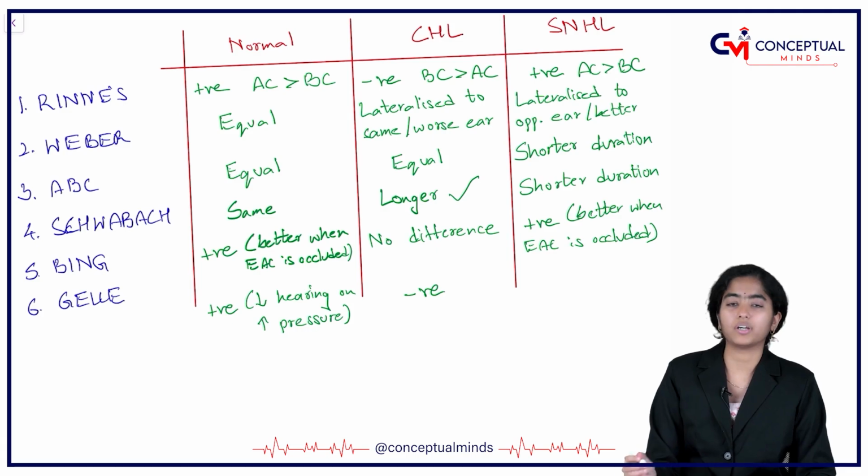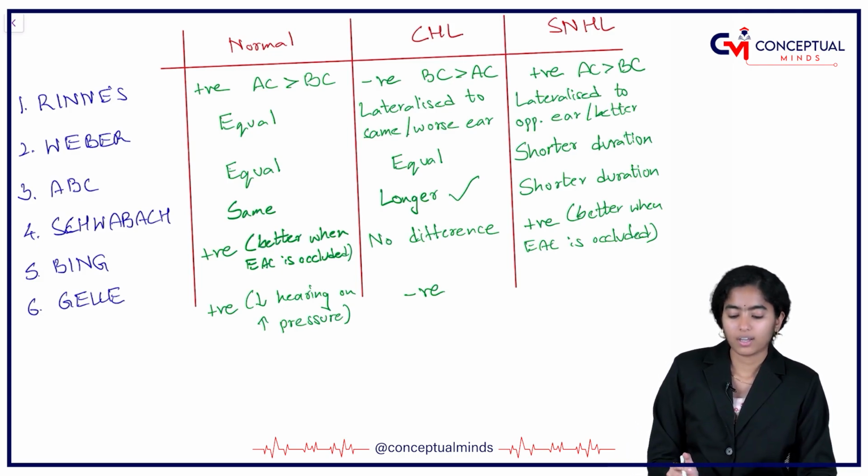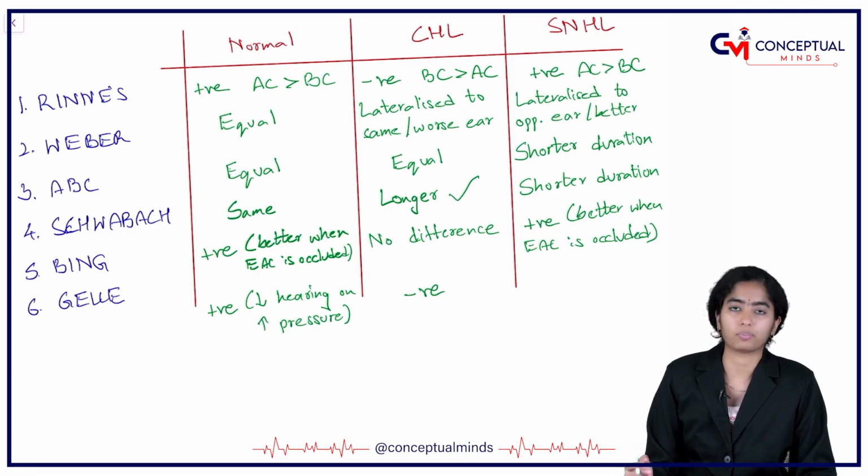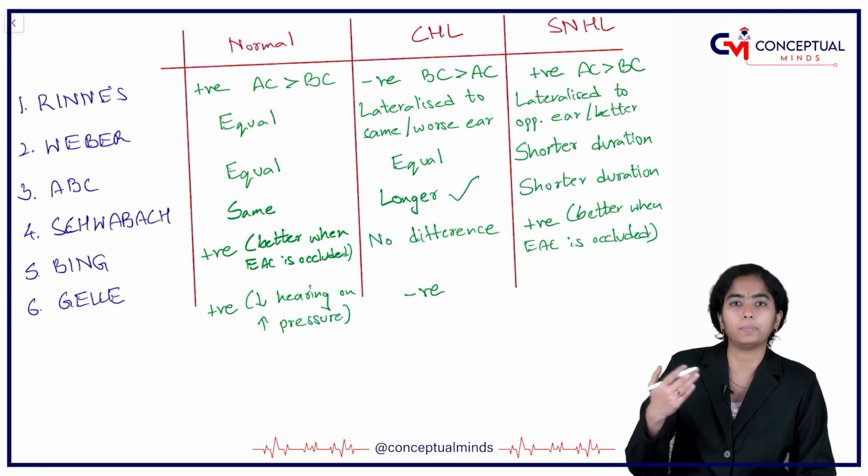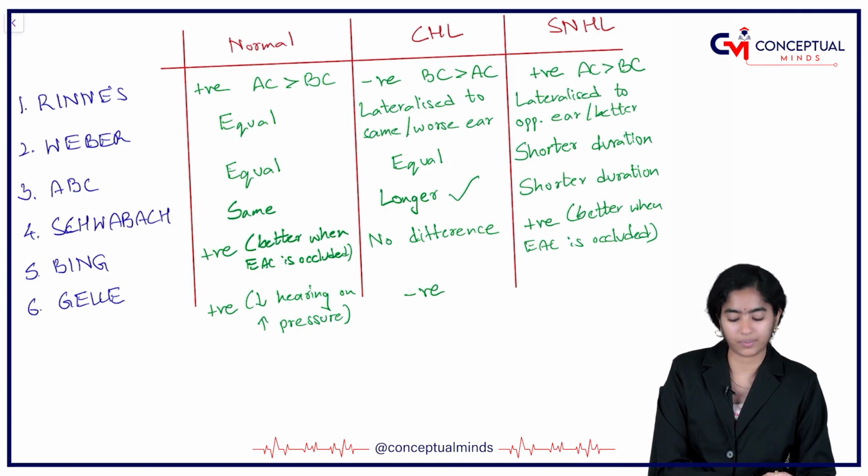Conductive hearing loss here means ossicular discontinuity or ossicular fixation, where the increased pressure of the external auditory canal is not transmitted to the inner ear. There is some problem in the conductive pathway, so there is no decreased hearing on increased pressure.